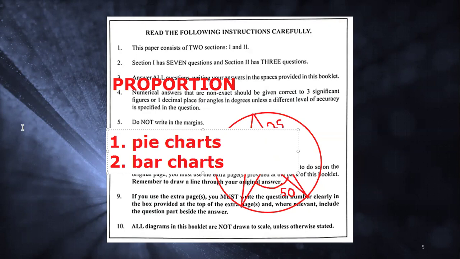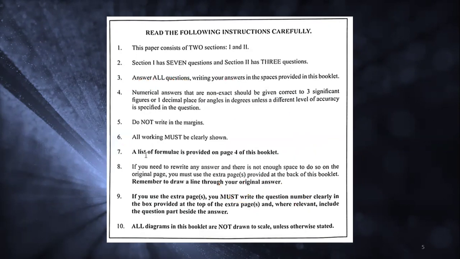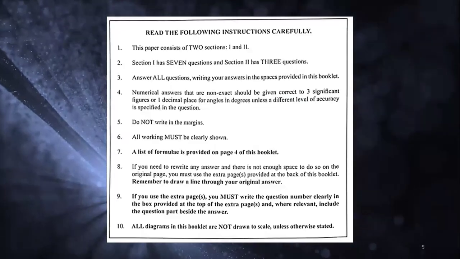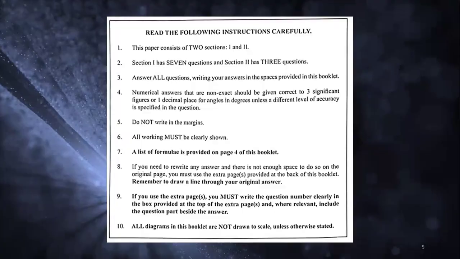Okay, great. Now let's look at point number 7. It says here, a list of formulae is provided on page 4 of this booklet. Now, many times for CSEC, you may get stuck in a question. Always remember, you have a list of formulae there to help you.